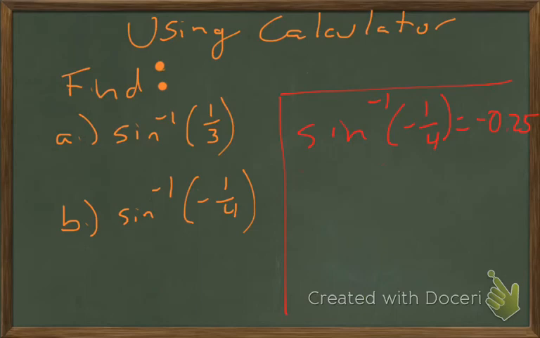Okay? In order to get this answer, we are dealing with radians. So make sure the mode on your calculator is in radians. If it's not, change it, try the problem again. You should end up with the correct answer.